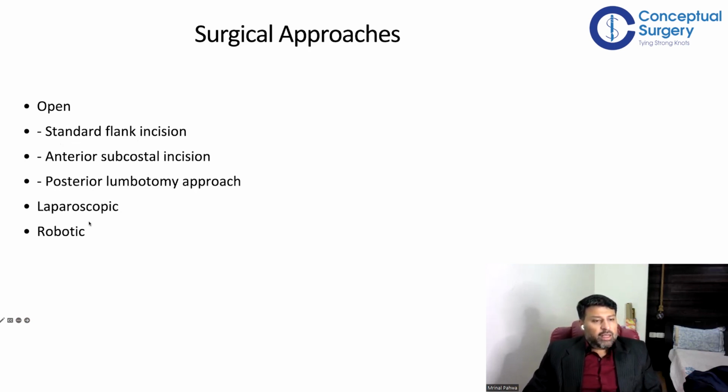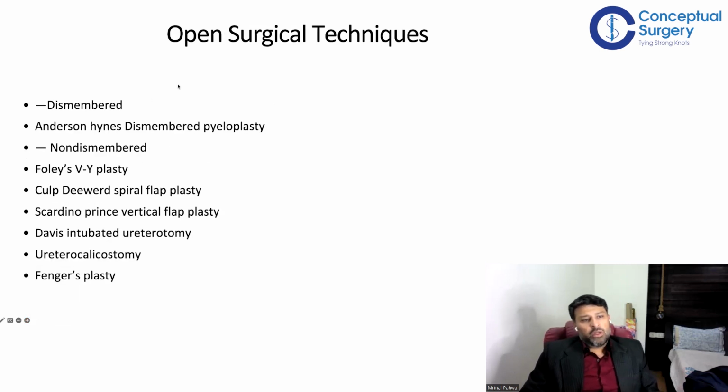But now the gold standard, the standard surgery, is the laparoscopic or the robotic approach. So coming to the various procedures, although they are defined under open surgery, these can be achieved by laparoscopic means as well as robotic. So any of these can be an open, robotic, or laparoscopic procedure.